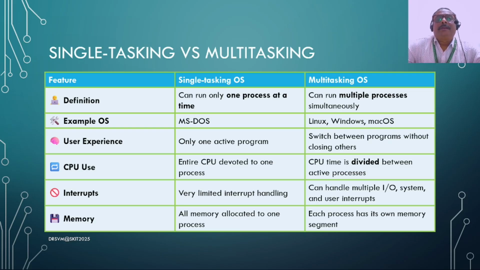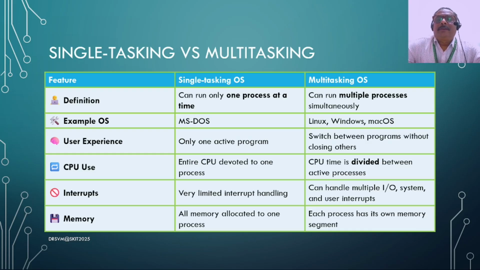That means we can load more than one program from the backend onto the main memory at any given time. But since there is only one processor available, any one of these processes can be made active and all others should be inactive. This type of working is what we call multitasking.